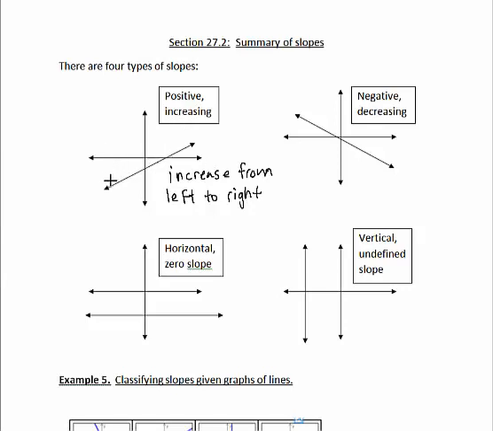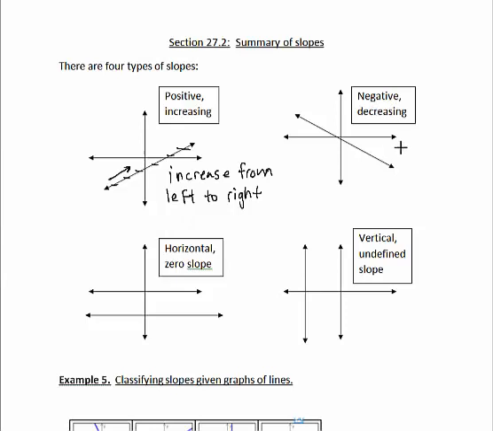And so in this case, if we go from left to right, what happens to the y coordinate? Well, every point along this line is a step up from the previous one if we go from left to right. So we say this is a positive slope. It's increasing.